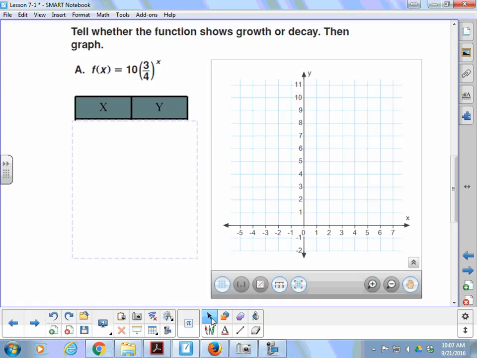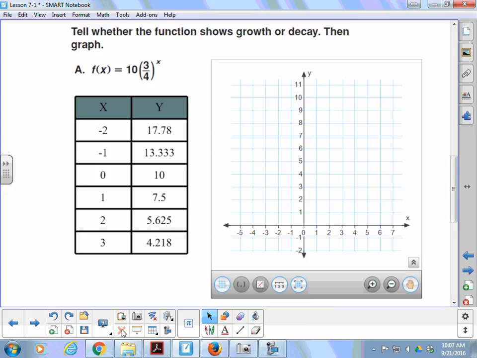Here is our table of values from -2 to 3.